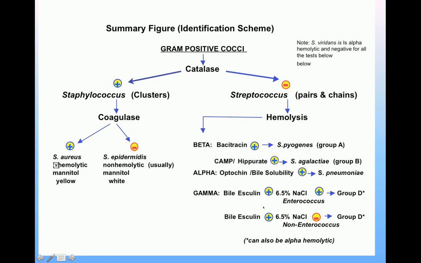If they don't grow in the presence of 6.5% sodium chloride and are sensitive to penicillin, then they belong to the non-enterococcus group D. So please go through this slide before you come for the exam. Try to remember the salient features which I have just discussed, and you will be able to answer the MCQs or the SCQs.